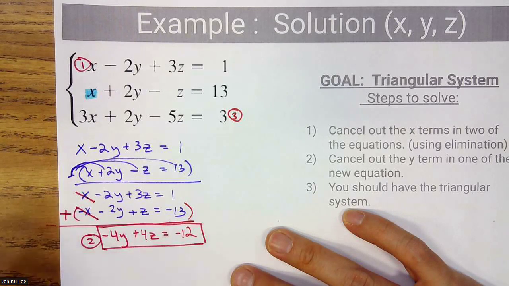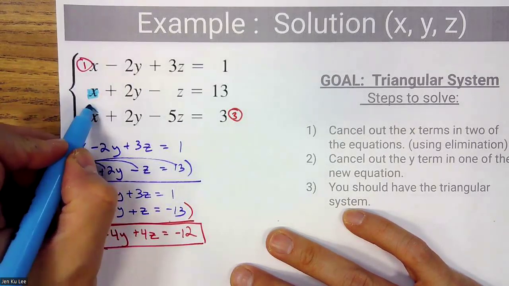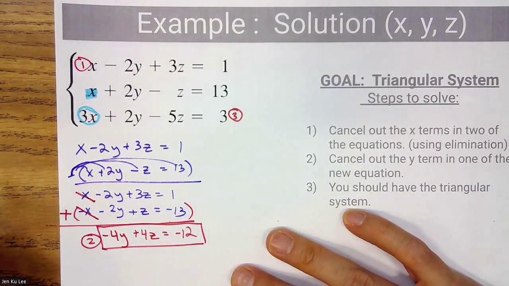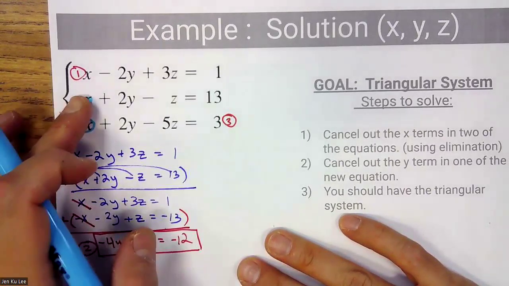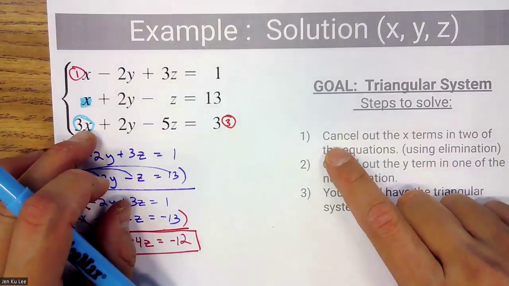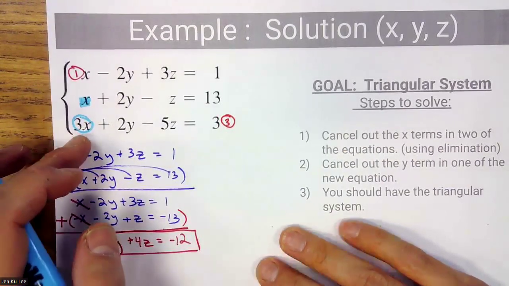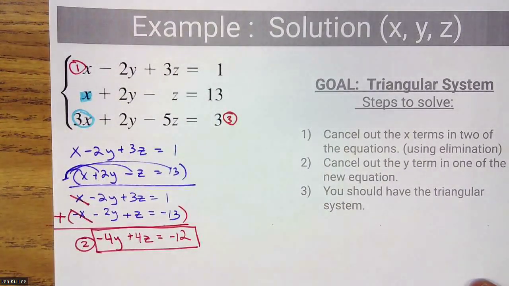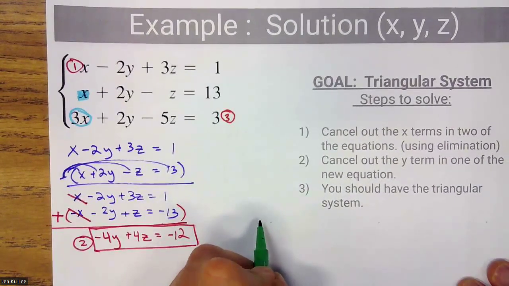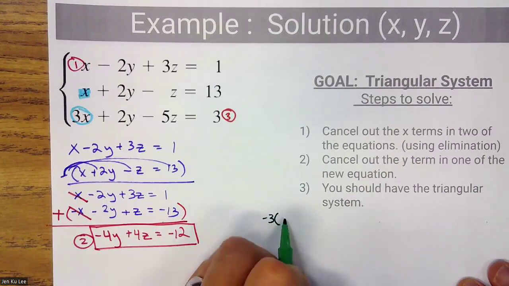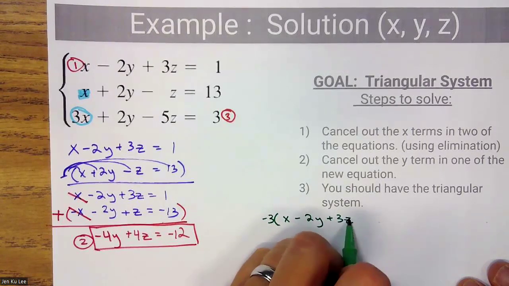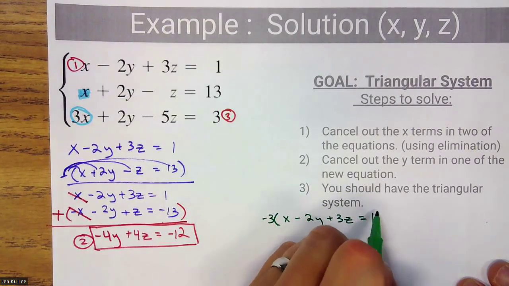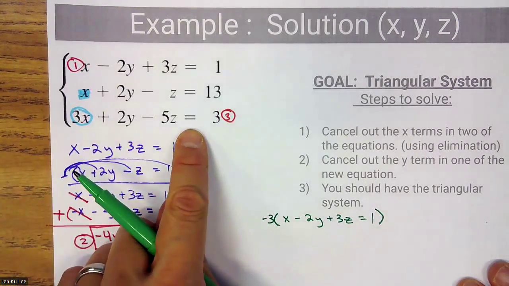Okay, now I want to cancel out this 3x. I want to cancel out the x's, both x's, right? That's the first step here. So I can essentially multiply the first equation by negative 3 and add it to my third equation, right?